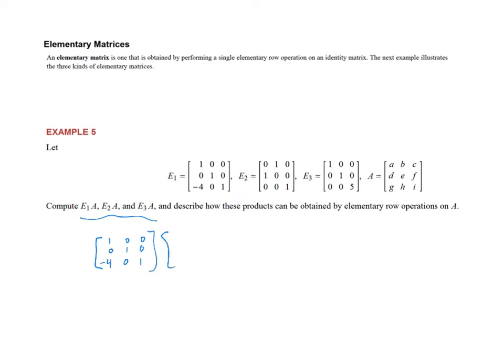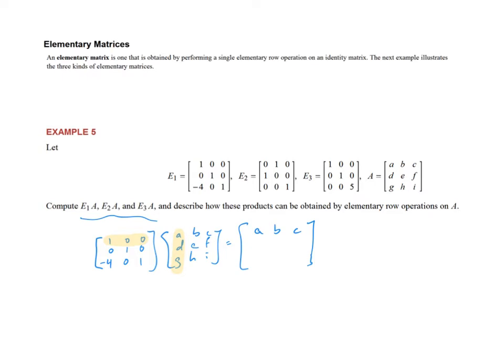And we're going to multiply it by that matrix A: A, B, C, D, E, F, G, H, I. And what you'll notice in going through this product is that when I take each row and column, all those entries, and multiply them, 1, 0, 0 times the A, D, G column gives me just A. 1, 0, 0 times the B, E, H column gives me just B. 1, 0, 0 times the C, F, I column spits out a C. Okay, so it doesn't change row 1.